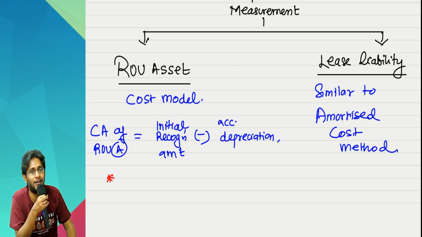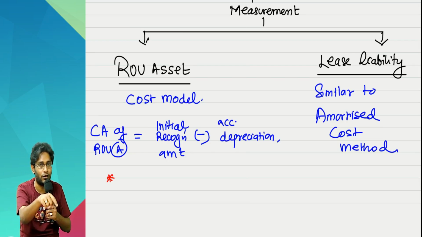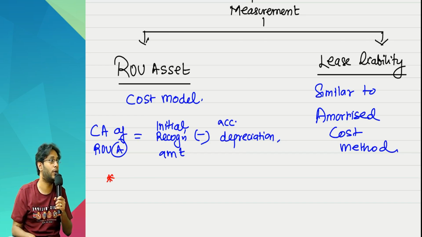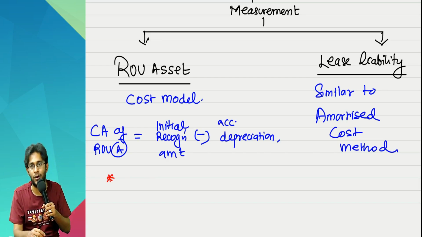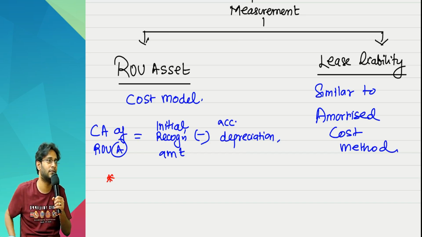Slightly. Imagine your lease payments contain an option to buy the asset at the end of the 10th year, and you are reasonably certain to exercise that option. Therefore, the option price is also part of your lease payment, which means even though the lease period is 10 years, the amount you are paying will entitle you to use the asset for a total of 40 years. So depreciation should also be done for 40 years. There are some assets where once you pay all the installment lease payments, automatically you become the owner of the asset.